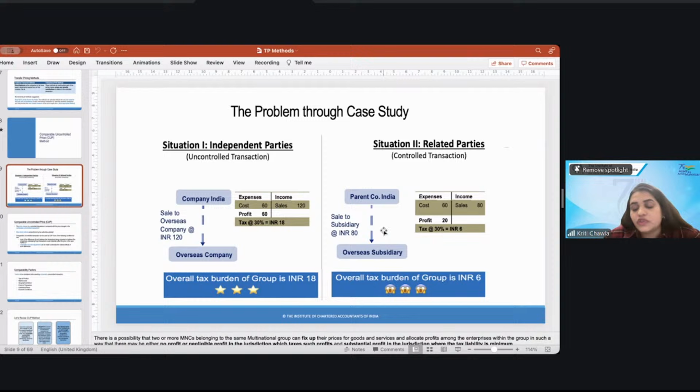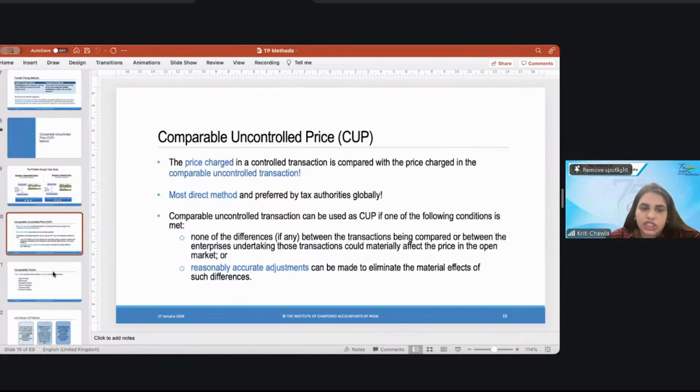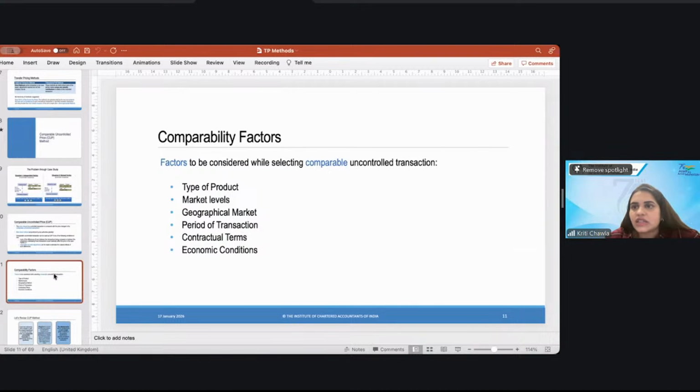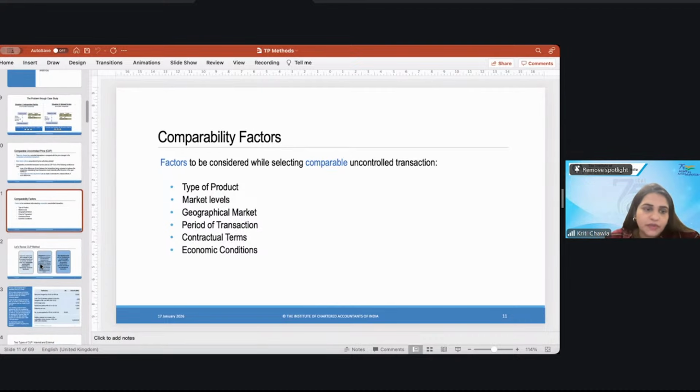Well, if you say yes, then you can adopt this price as the arm's length price in this kind of situation. Now these were the factors that were to be considered. This is not the only list of factors. Obviously the factors can go much beyond these as well. But these are the factors that can be considered while selecting the independent party for the purposes of CUP.